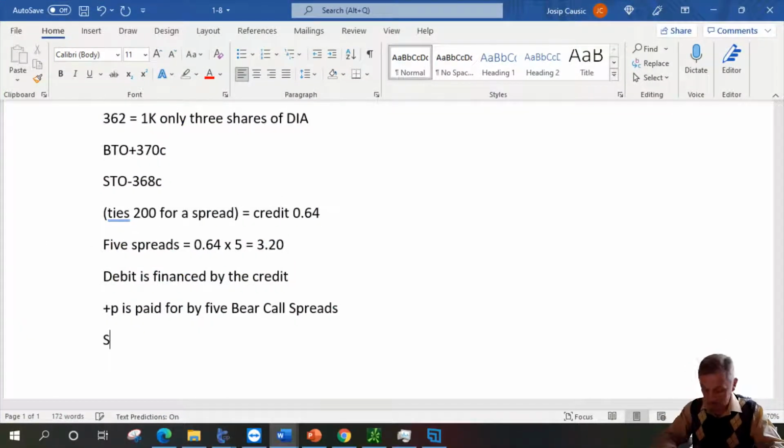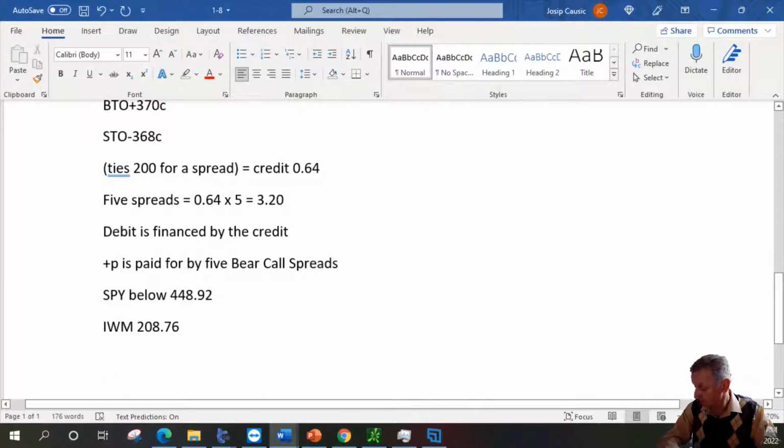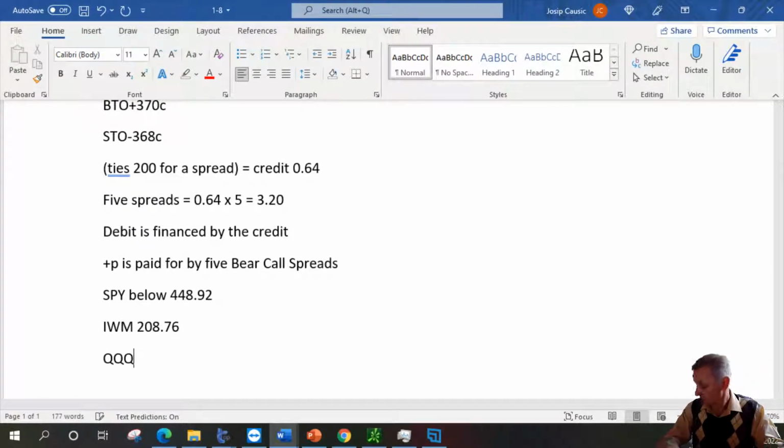So for SPY, when the price is below 448.92, okay? When IWM is below 208.76, and when QQQ is below 377.47.